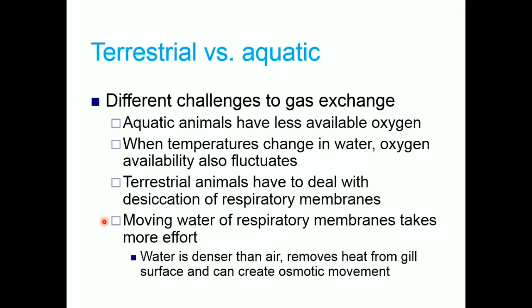And the water that moves over the gills is also important, not just for the exchange of gas, but for the exchange of water and salts. There's a distinct osmotic environment around the gills that is different from the osmotic environment inside of the cells, and that will cause water and salts to move as well. And that's something that we will get to when we talk about the excretory system.